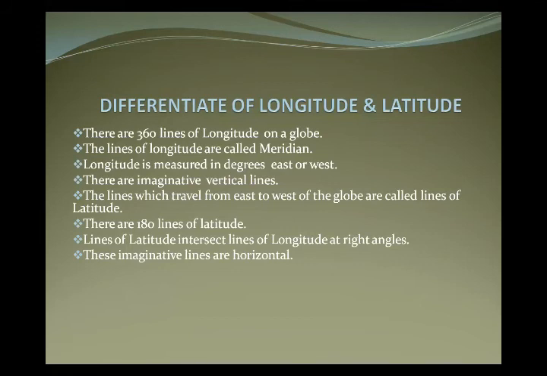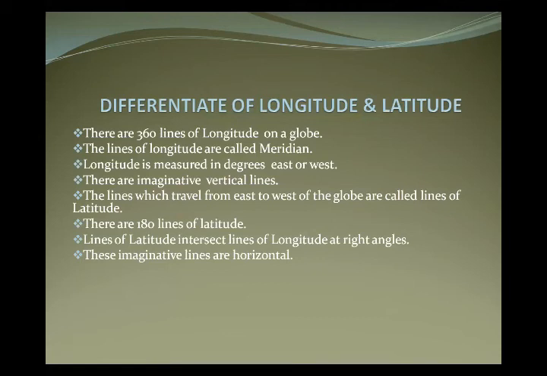Now, I'm going to explain it to you line by line. There are 360 lines, as we have discussed in the topic of longitude. In numbers, there are 360 lines on the globe. And what is the meridian? Each line of longitude is called a meridian, and the distance of each line is equivalent to 1 degree. Longitude is measured in degrees east or west. These imaginary longitude lines are called the vertical lines.